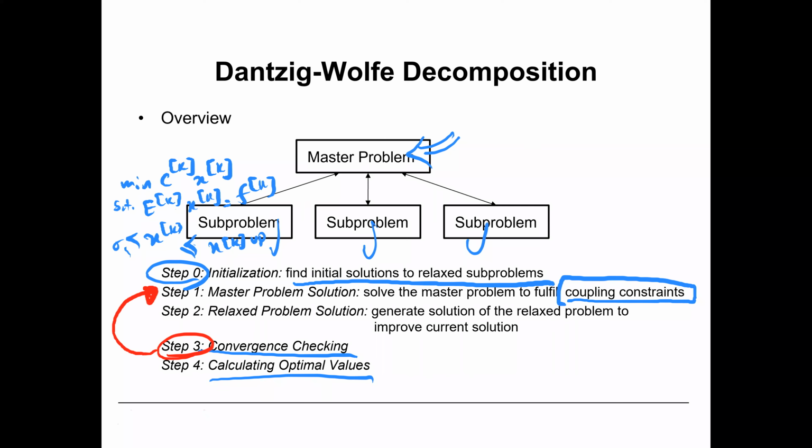After we have a new solution, if it converges, we calculate the optimal values. If not, we go to step 1 and update the master problem, find a new solution, and keep going until we converge or we meet the convergence criteria.